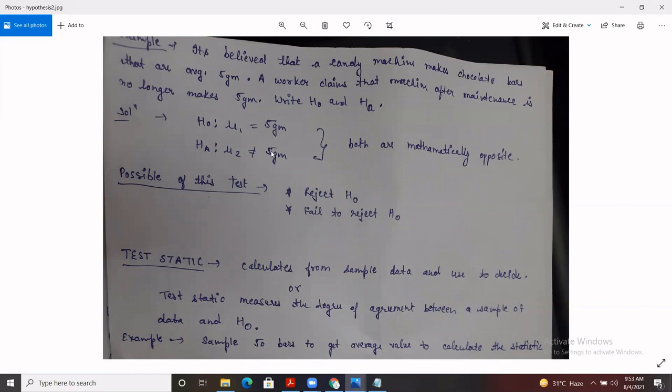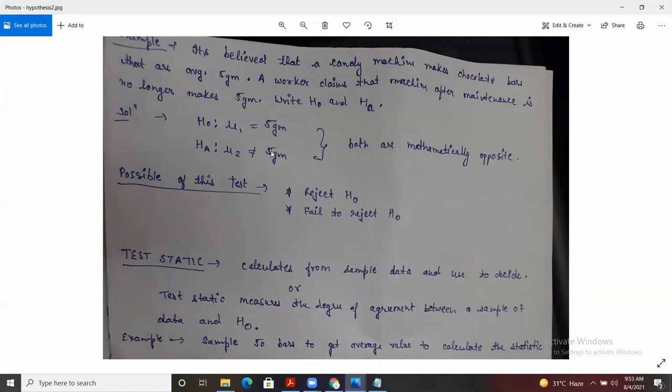So that is the already accepted one. What happened then? A worker claimed that the machine after maintenance is no longer making 5 gram. What does it mean? That worker claims that whatever was already believed is not true.